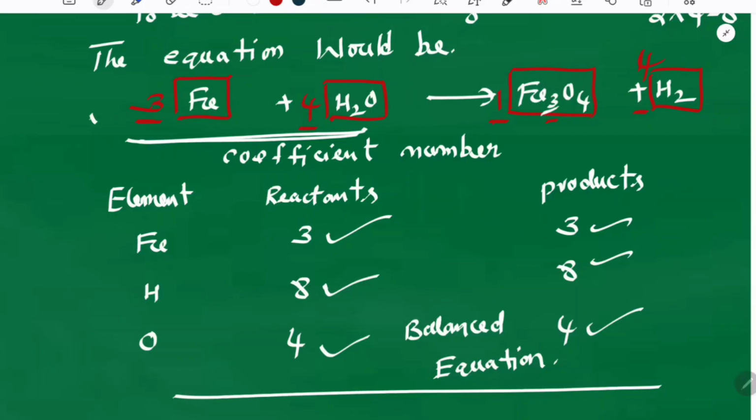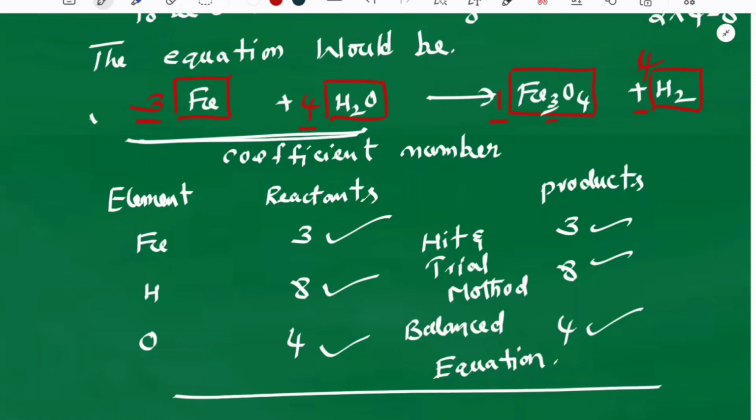So next. What is the name of this method? Hit and trial method. Hit and trial method. Here, my question is: is this equation informative or not?